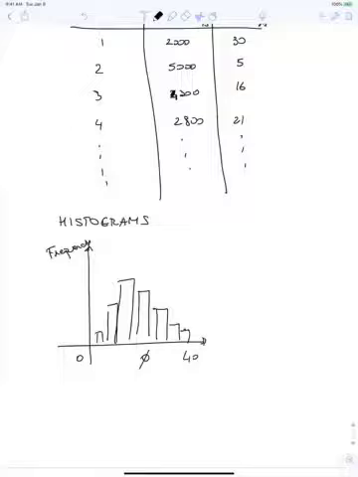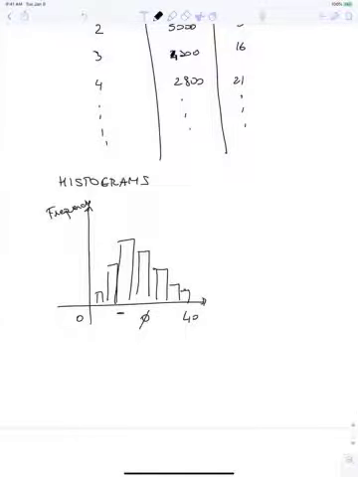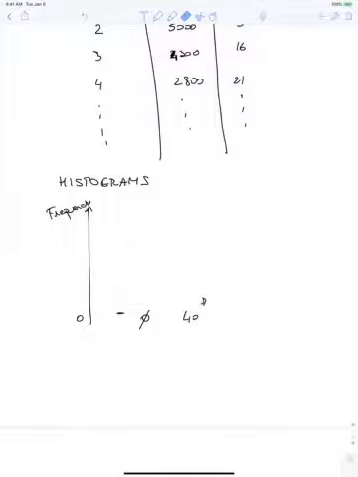The histogram is a simple graphical tool, and it illustrates the distribution of the data. The heights of the bars are proportional to the number of observations in the given interval. So this quantity here, let me try to make a nicer histogram.